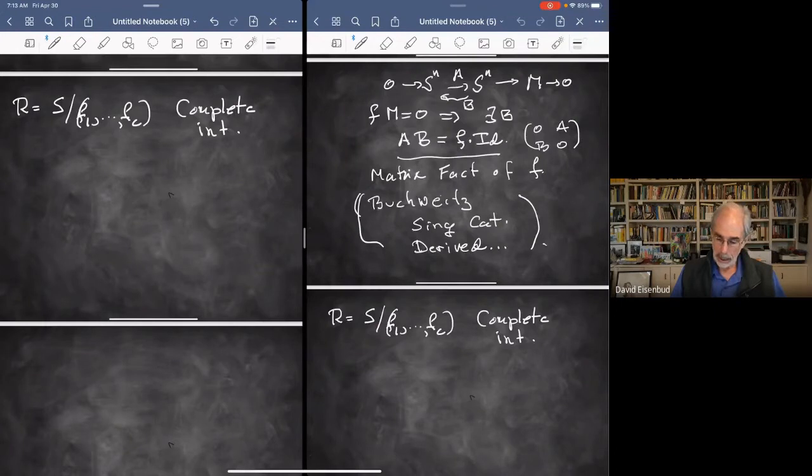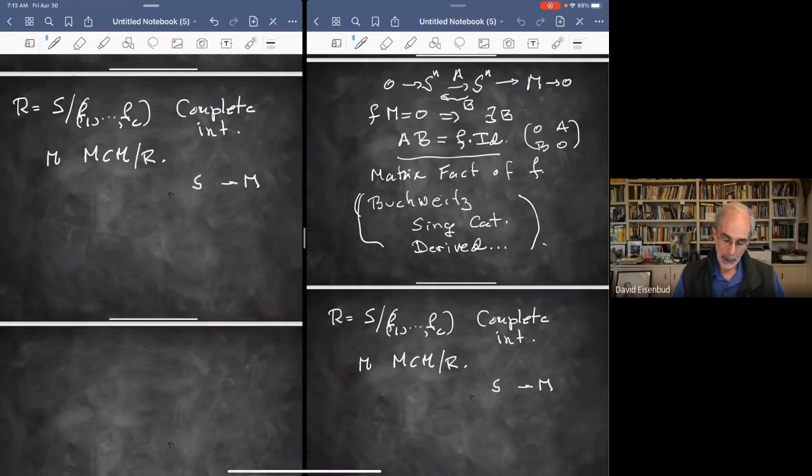Then there's an analog of this theory, which is good as far as it goes. So you again take an M maximal Cohen-Macaulay over R. You take an S-free resolution, M, S to the beta_0 up to S to the beta something, whatever the dimension is.